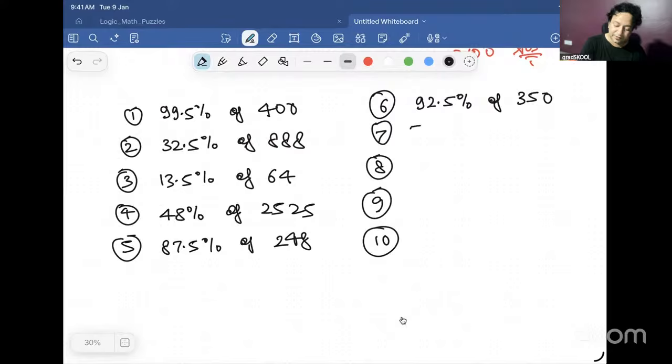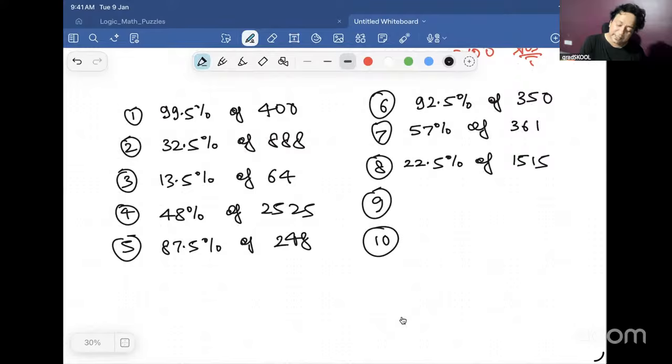Then 57% of 361. Now we have 22.5% of 1515.